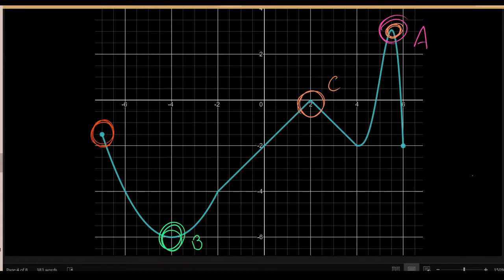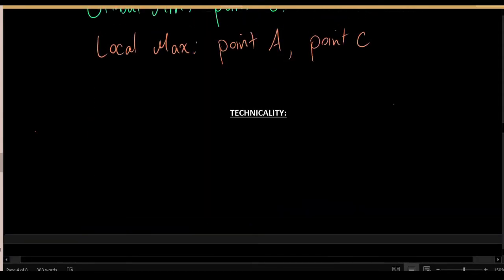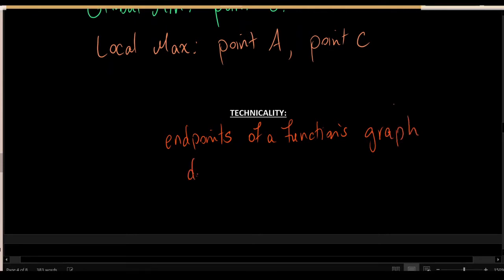But when we're talking about local maxes and local mins, there is one tiny technicality, basically just a convention. Endpoints of a function don't count as local maxes or local mins.